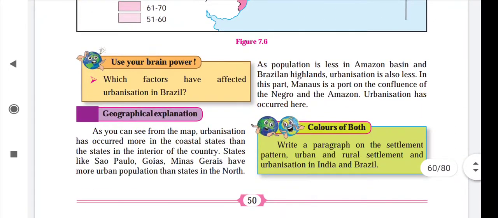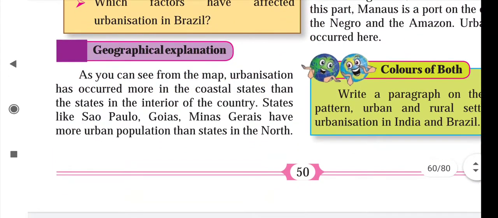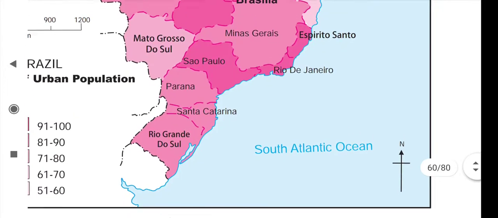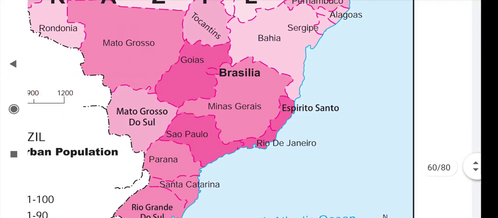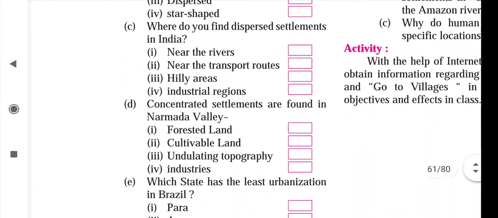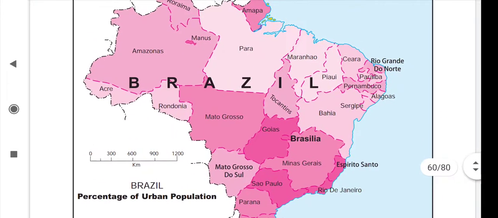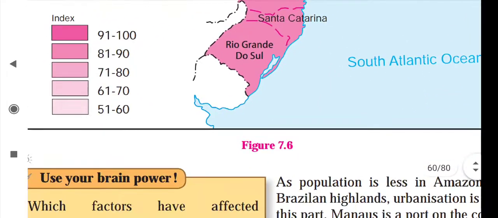Now what is given here? As you can see from the map, urbanization has occurred more in the coastal areas, the coastal states. There you can find more urbanization and more population. Compared to the interior part of the country, in coastal areas we can find more urbanization.